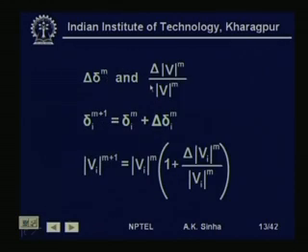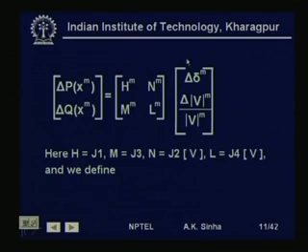Now, we are calculating these terms. We have got the values of these by substituting the values of the state variables, that is voltage magnitude and angle, in the elements of the Jacobian. Then, solving this expression, we can calculate delta delta m and delta V m by V m.